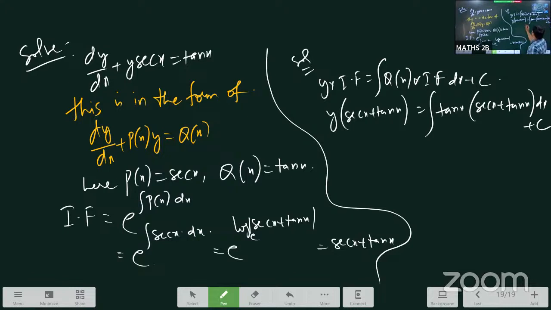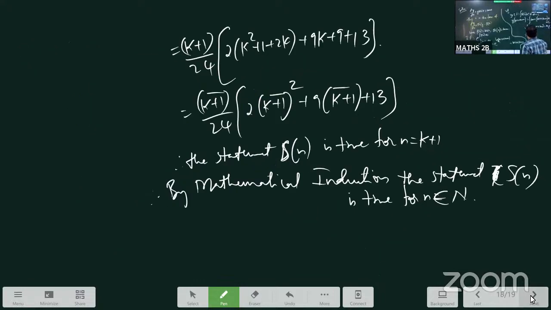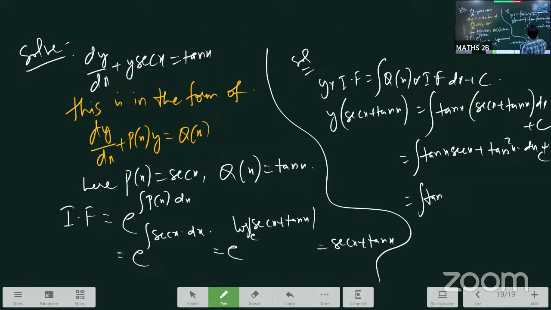Now multiply inside: tan x secant x plus tan square x dx. That is integration of tan x secant x plus, now I don't have any integration of tan square x directly, so I am going to write it as secant square x minus 1 dx.